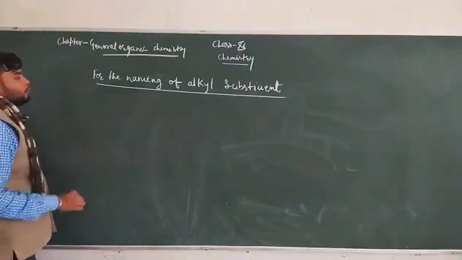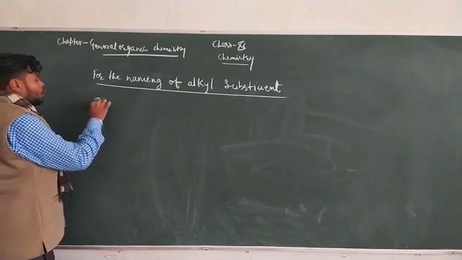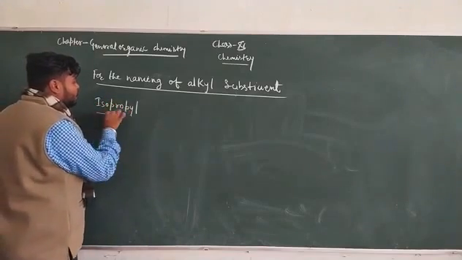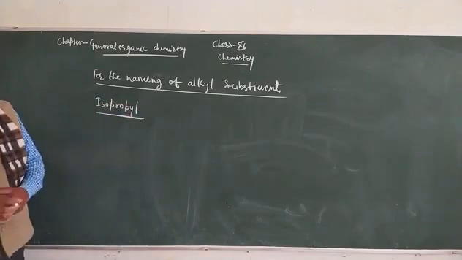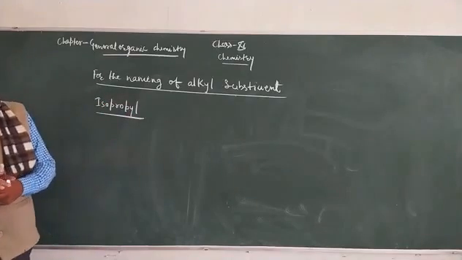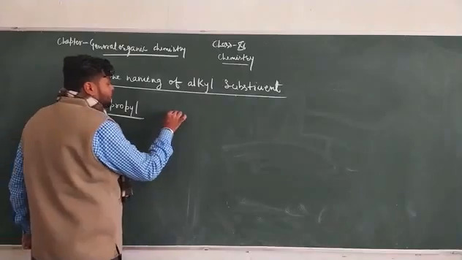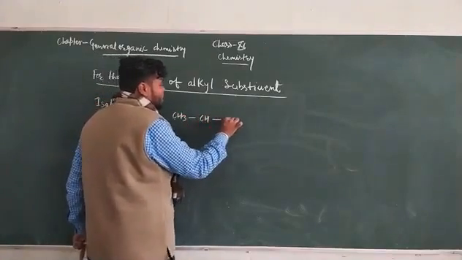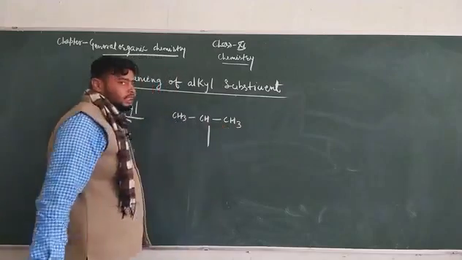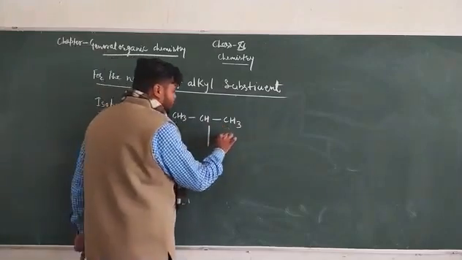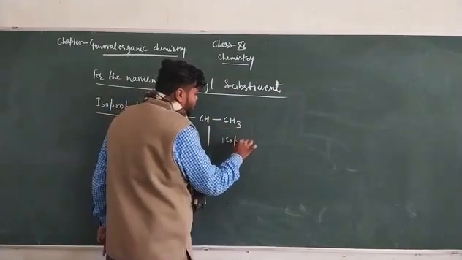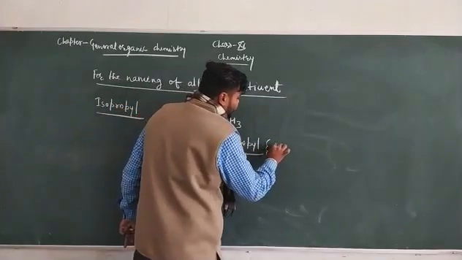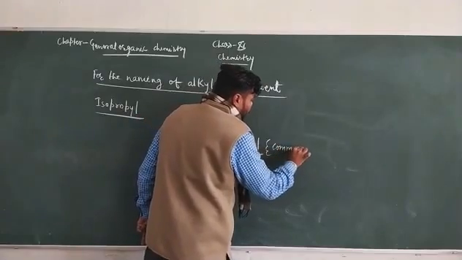That means you have to draw one isopropyl. How can we prepare this isopropyl? This isopropyl is a substituent with CH3, CH and CH3. Having this condition, this is isopropyl. But this isopropyl is a common name.